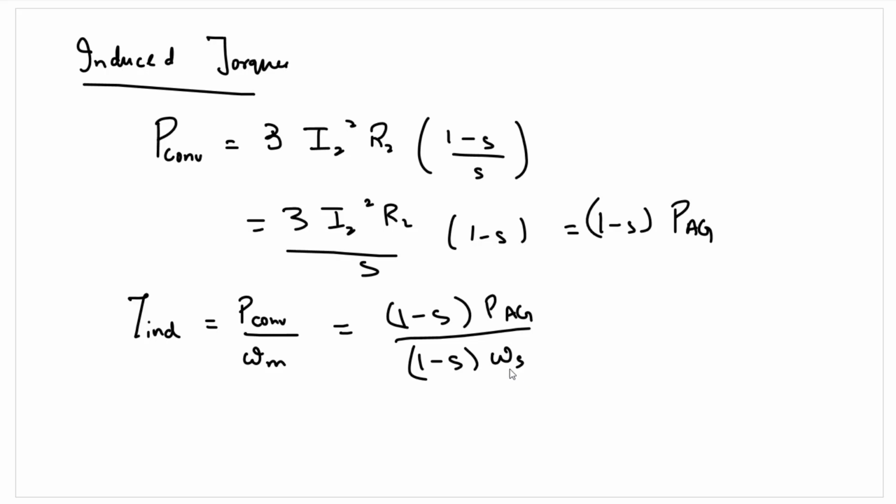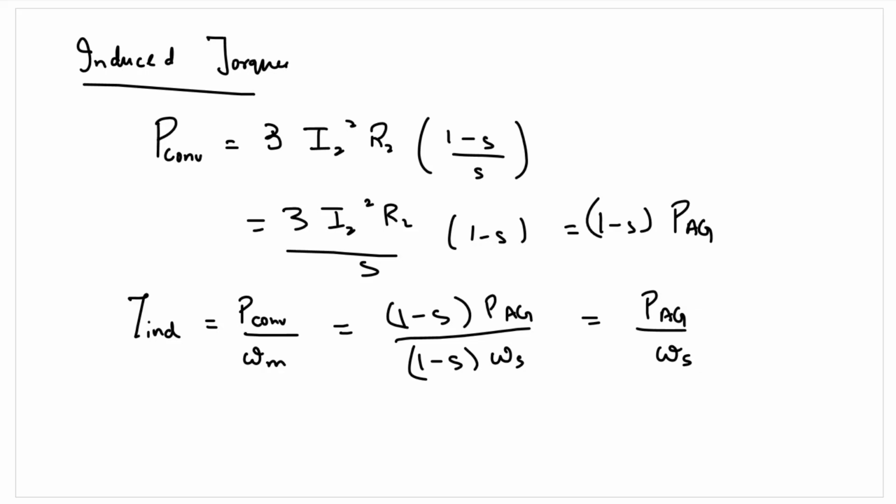We already know that omega m, or omega r, the rotor speed, is equal to (1 minus S) times the synchronous speed. So this is the final form of the induced torque, PAG divided by omega S. This will be the torque induced in the rotor.